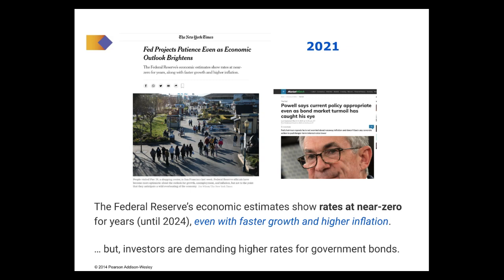So I think they're in a difficult position in a way when you have rates that are very low, near zero. You've had them for a long time, and you've been maintaining monetary policy to keep them low. It becomes difficult to change that. And so this is happening, even though investors are starting to expect higher yields from government bonds.